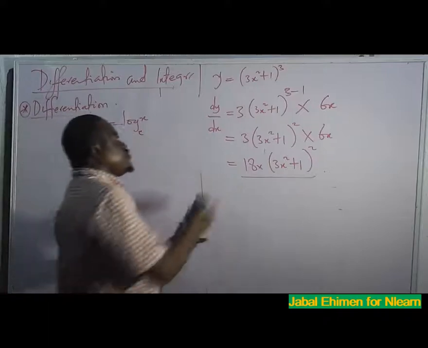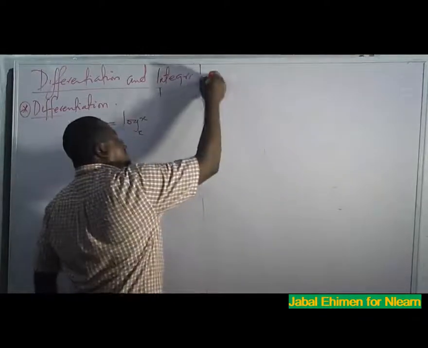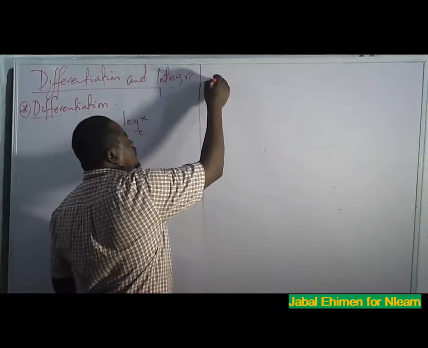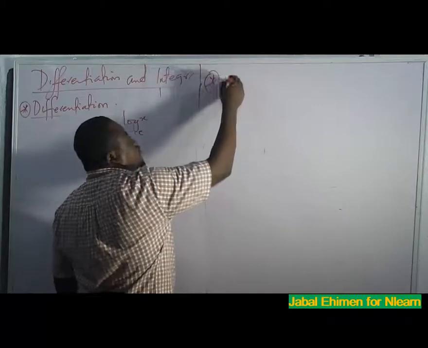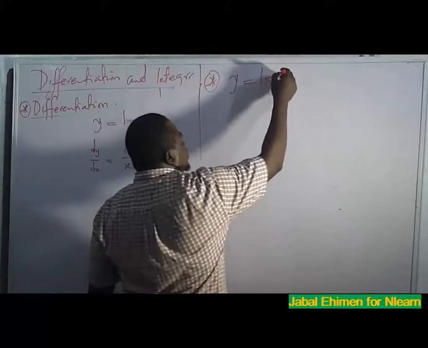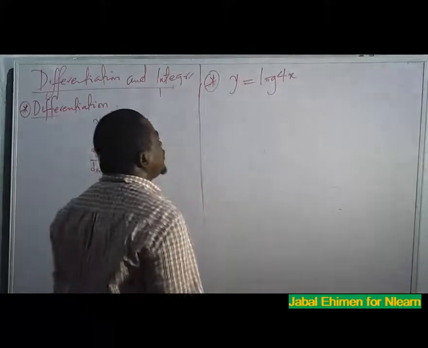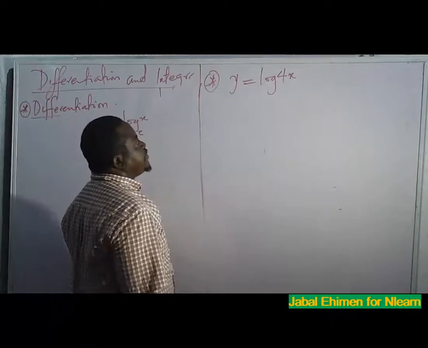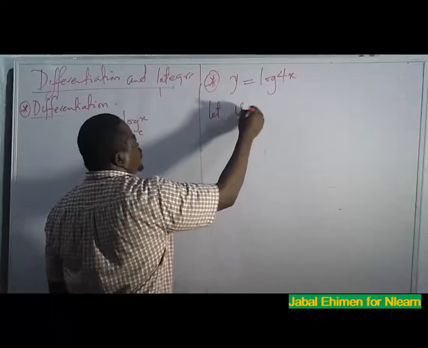Now, I want to solve a question with respect to that. Let me take one from your module. Let's take this example. y is equals to log 4x. Find the dy over dx of y equals to log 4x. First of all, you use the function of a function. Let u be equals to 4x.